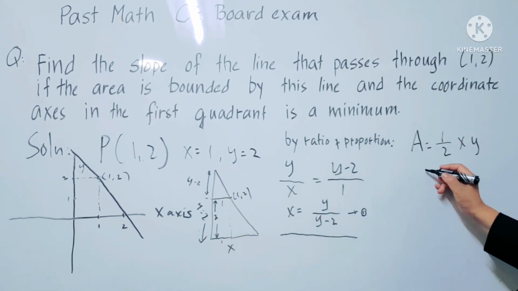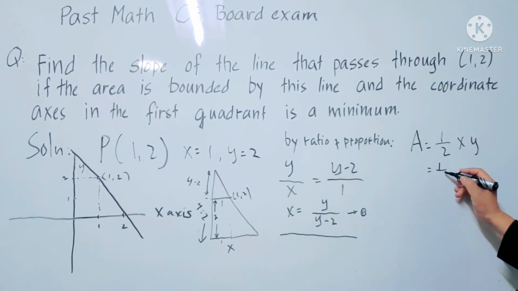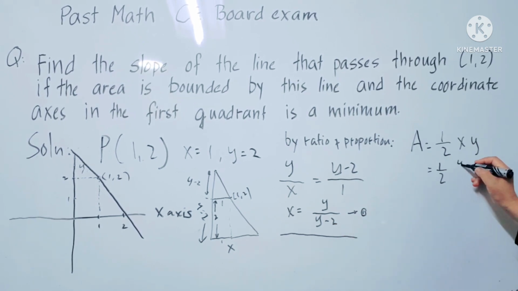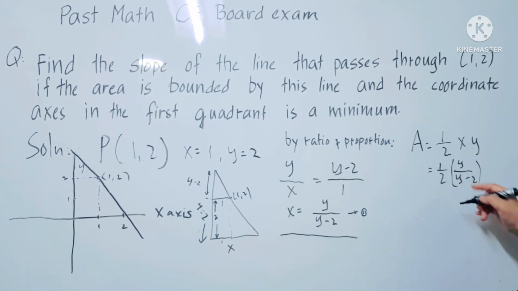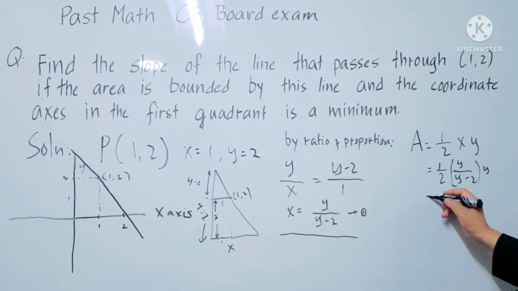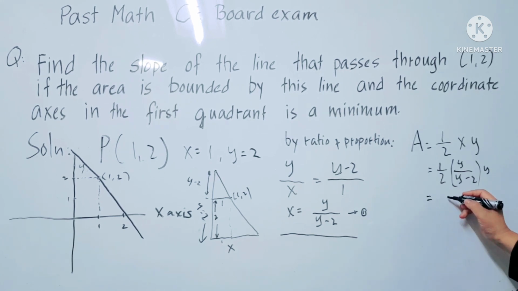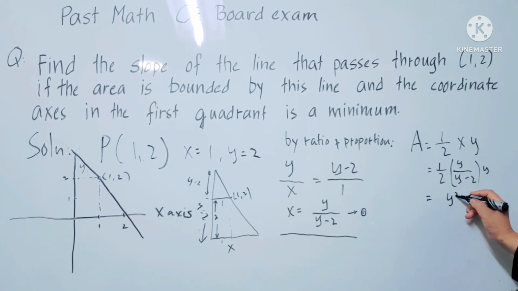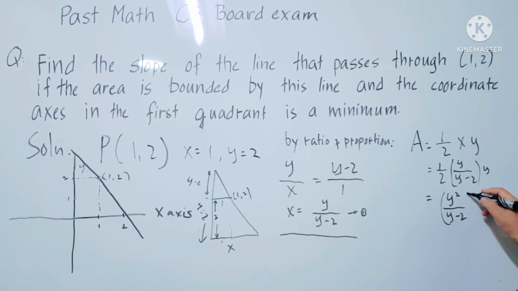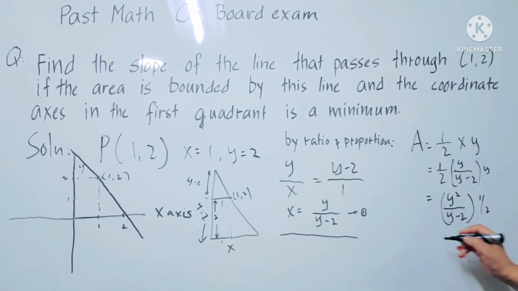So we substitute the value of x, which is equal to y divided by y minus 2. This is the value of x, and multiply by y, which is equal to y squared over y minus 2 multiplied by 1/2.